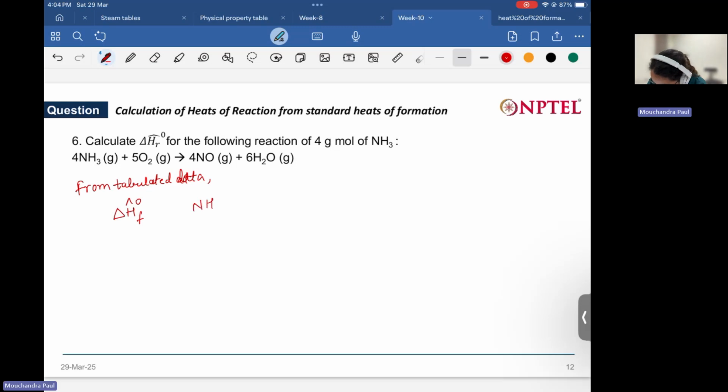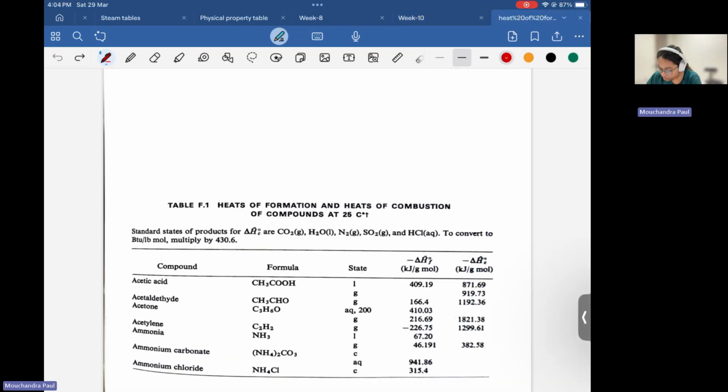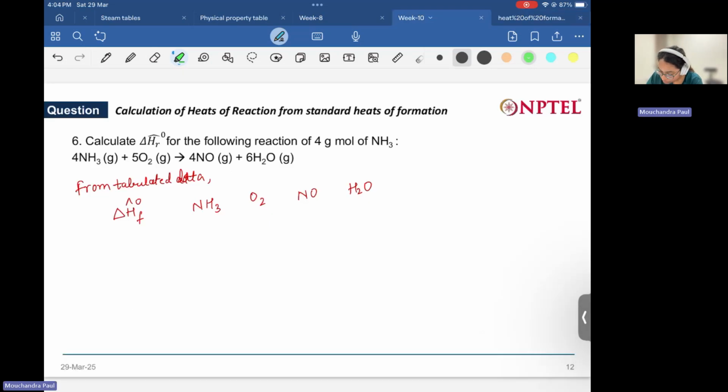For ammonia, oxygen, NO, and H2O, which state do we want?